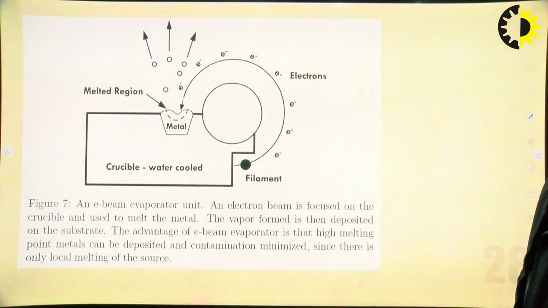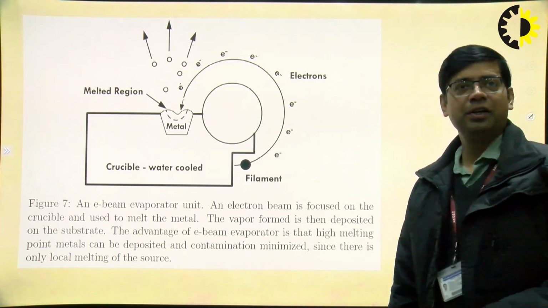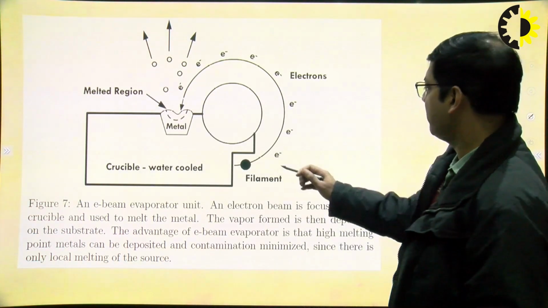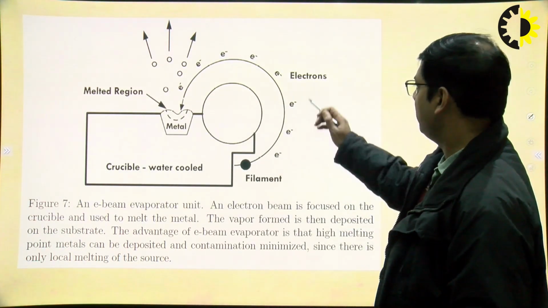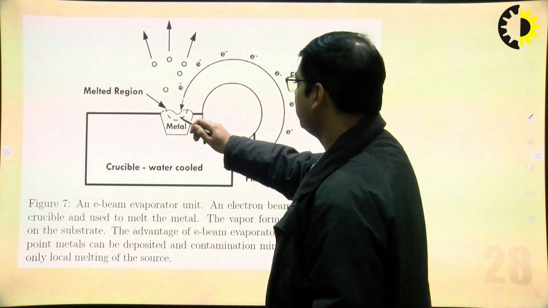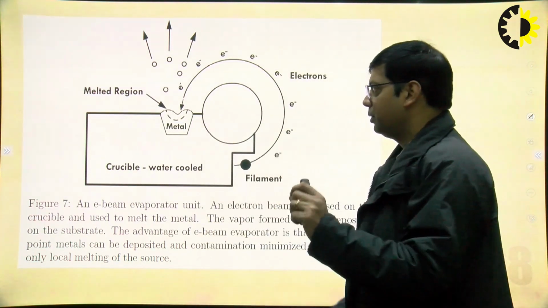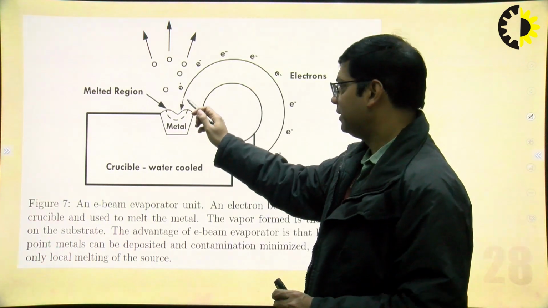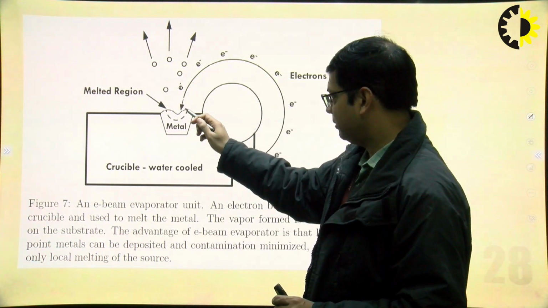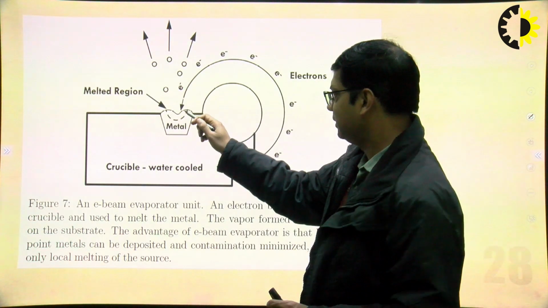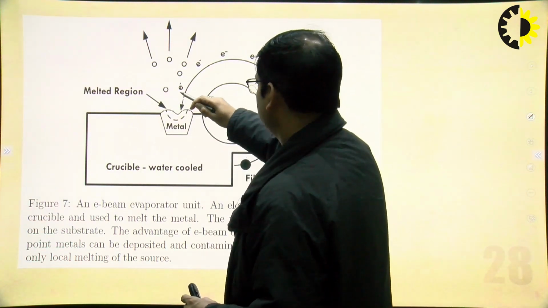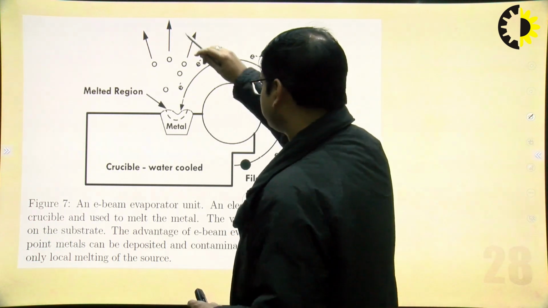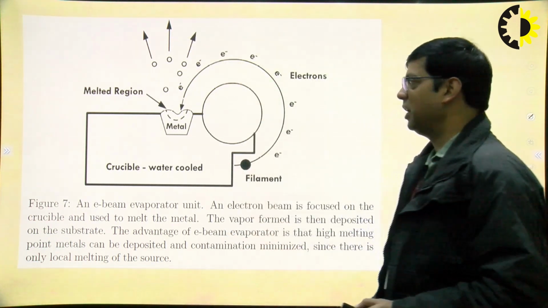This is second kind of evaporation method, in which instead of resistive heating, we are using electron bombardment. Here, with the help of a filament, the electrons are bombarded on a particular target, and the vapors from here, they go to the silicon wafer for deposition.